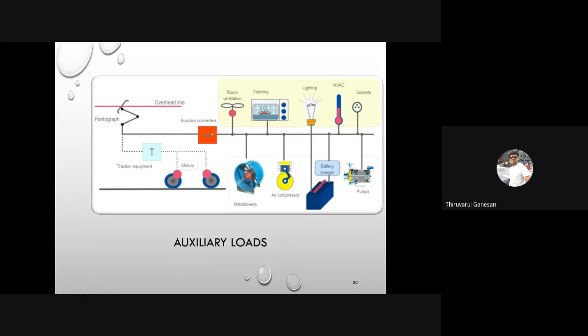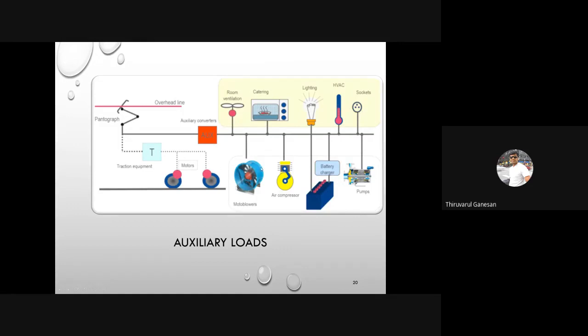Here you see there are many auxiliary loads which will be used inside the train. For example, room ventilation. Some locomotives have a driver cabin with a cooking facility, and lighting. These are the most necessary things. And in some locomotives the driver cabin has an AC air conditioning system, and a socket is needed for external application.